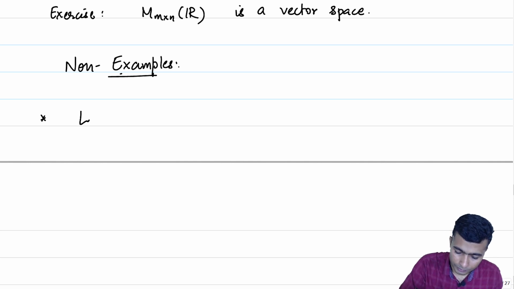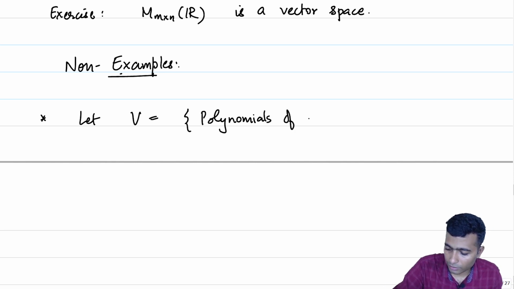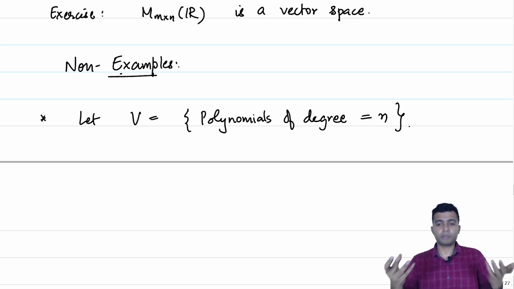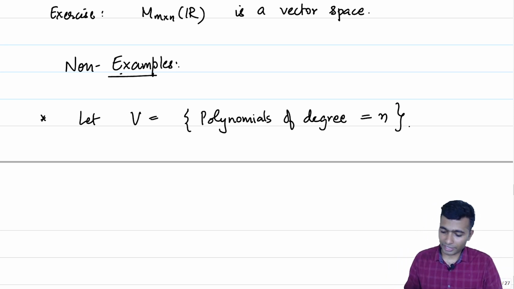So let V be equal to the set of all polynomials of degree equal to n. Well, I will give you your favorite pick of which property is getting violated.